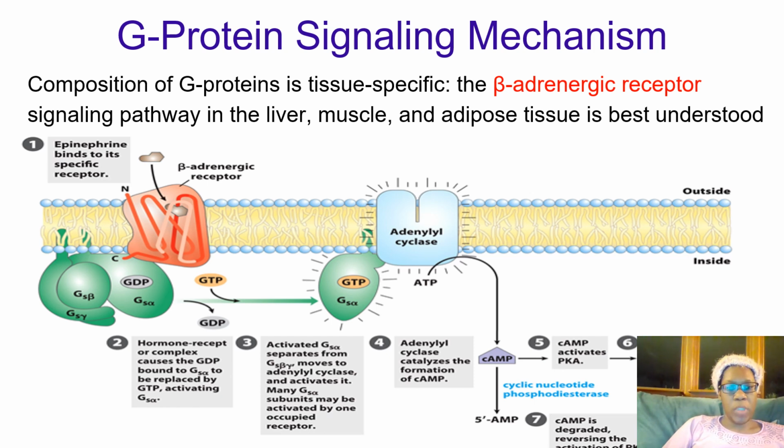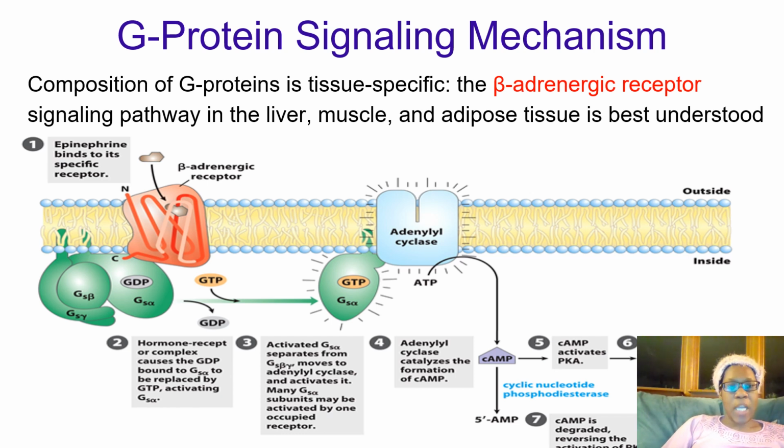Remember that the G protein, it's the one in green, has 3 subunits: an alpha subunit, beta subunit, and a gamma subunit. The alpha subunit is where the GDP nucleotide binds.